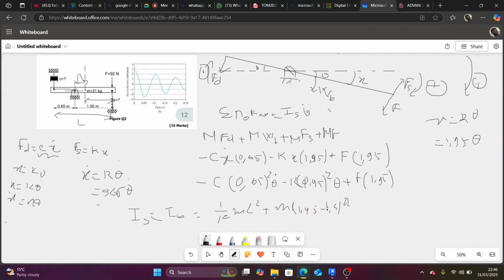It's 1.3 minus 0.65. Remember, what is this distance? To get the middle of this bar, 1.95 plus 0.65 divided by 2. What is the answer? 1.3.